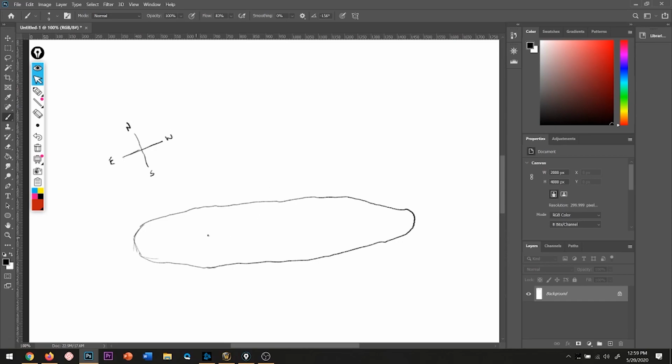Okay, let's put our high points. The first one was way over here, so we'll put A. Then we had B. This one was close, C, and then we had D. Now these are kind of little mountain peaks or tops.